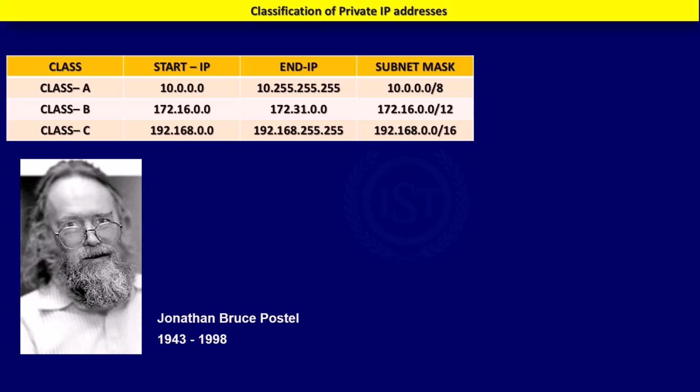And Mr. Jonathan has expired in 1998. Mr. Jonathan Postel was a computer scientist and also an executive board member of IANA. As you have learned, IANA is the Internet Assigned Numbers Authority, which is responsible for maintaining the collection of registries and is critical in ensuring global coordination for the DNS root zone.